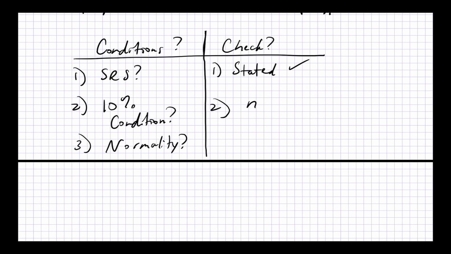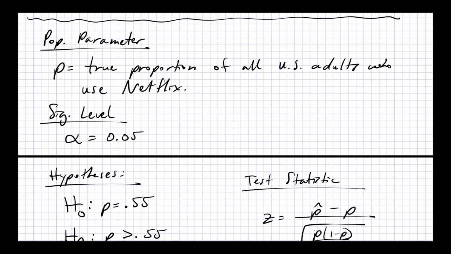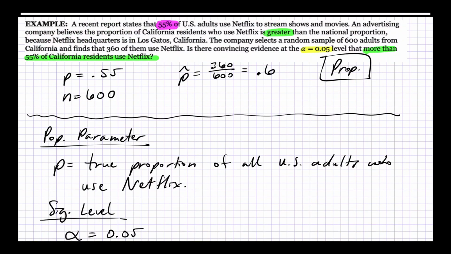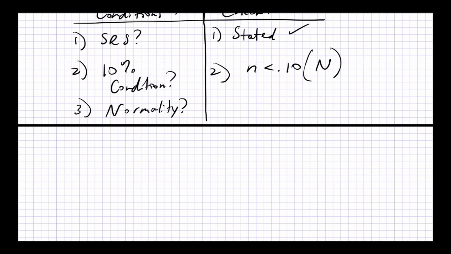10% condition: small n is less than 10% of big N. Well, we know small n, lowercase n, is 600, because we said that earlier. So 600 is less than 10% of big N. We don't have a number for big N, but what will we put here?